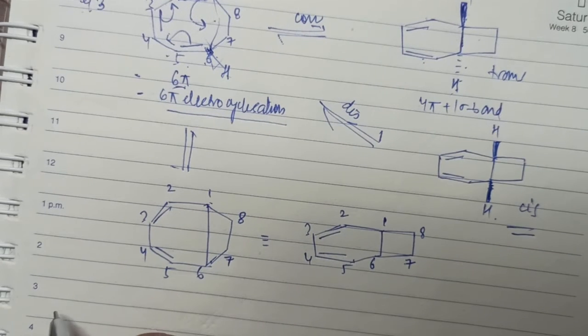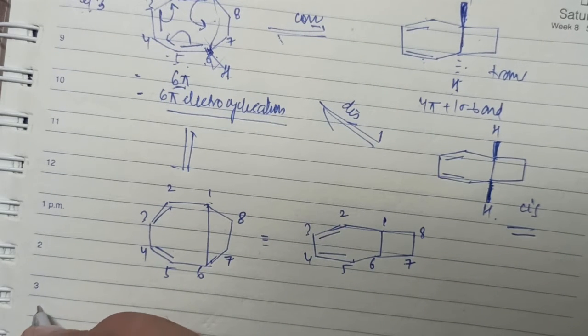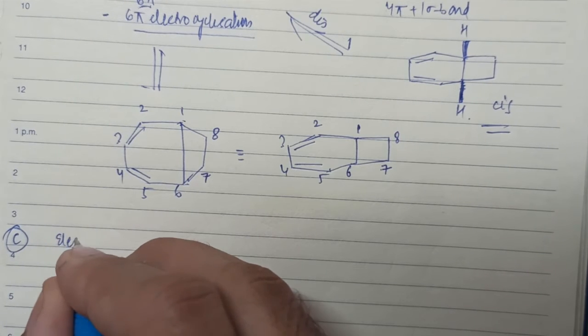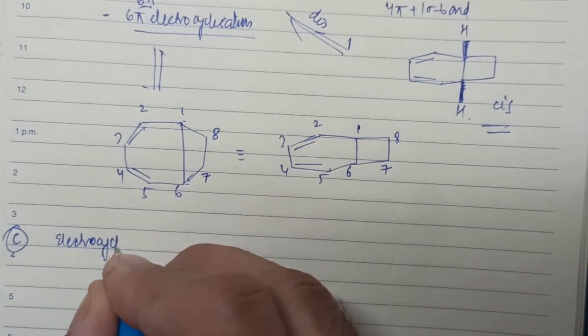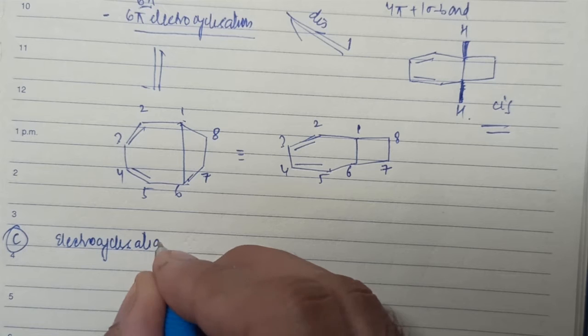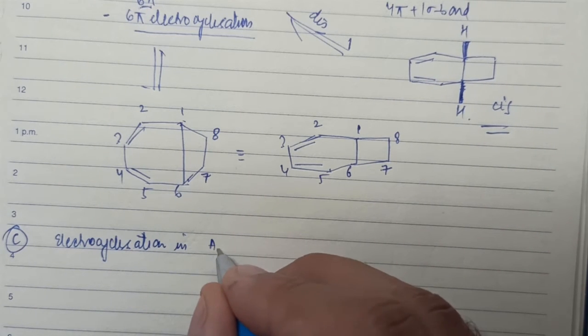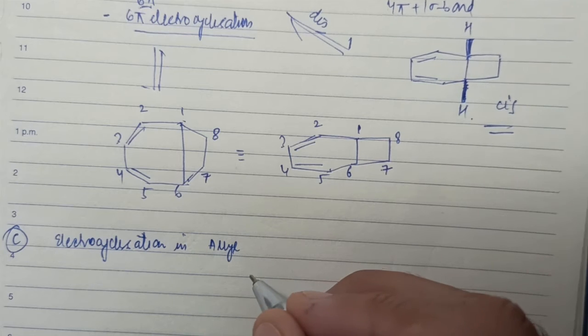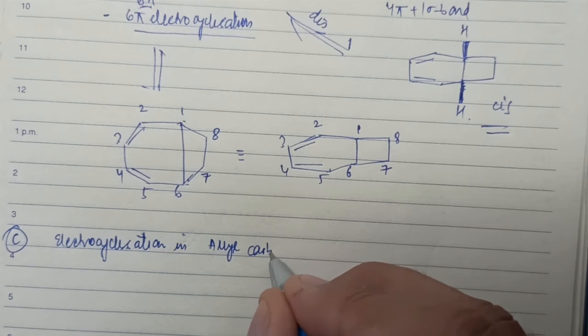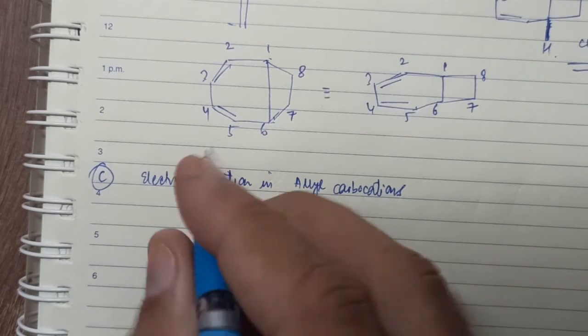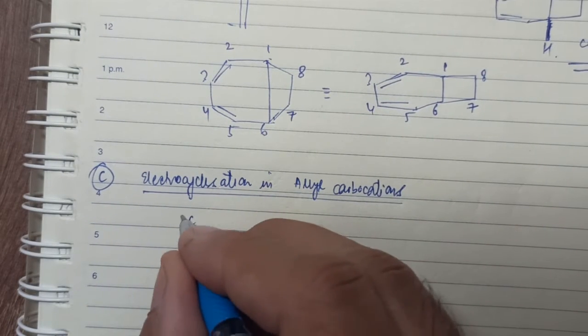We talk about another example here, or you can call it the C category, that is electrocyclic reaction. We have done electrocyclizations in 4n components and 4n plus 2 pi components. We'll talk about electrocyclization in allyl systems or allyl carbocations. You know what an allyl carbocation is?